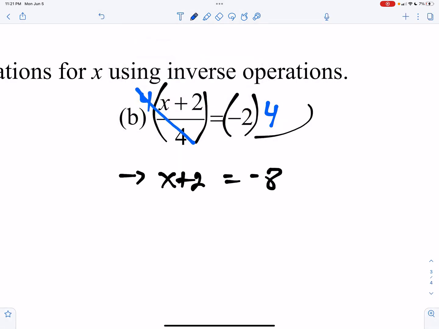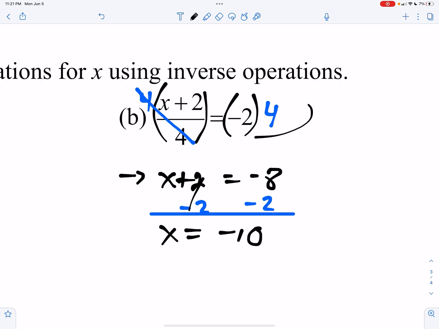One last step, the opposite of adding 2 would be to subtract 2 both sides. And negative 8 minus 2 would be negative 10. So here's an example where we did get a nice rational whole number, but it doesn't always work out that pretty.